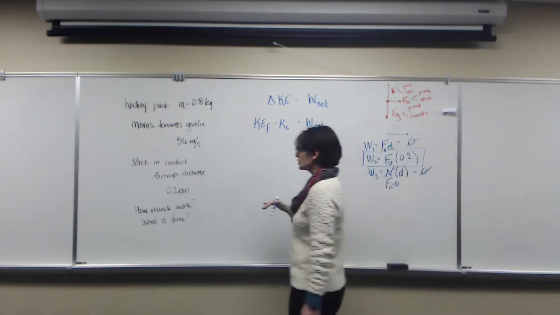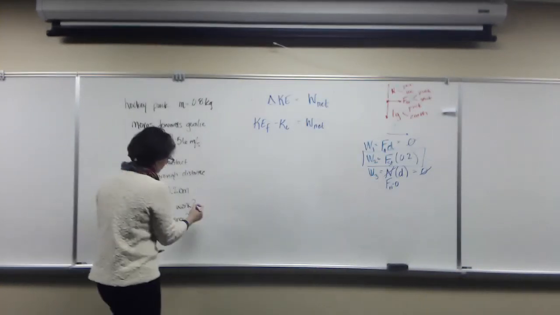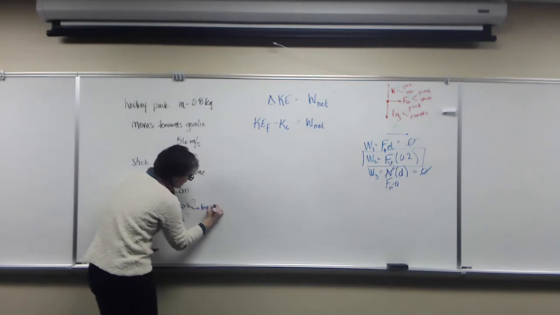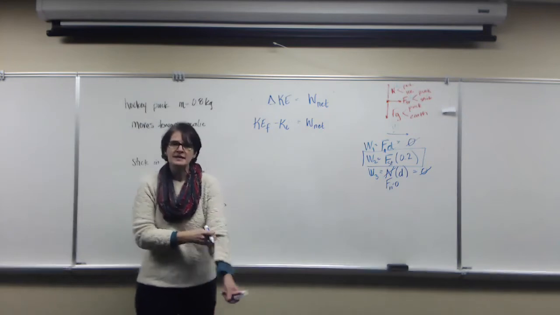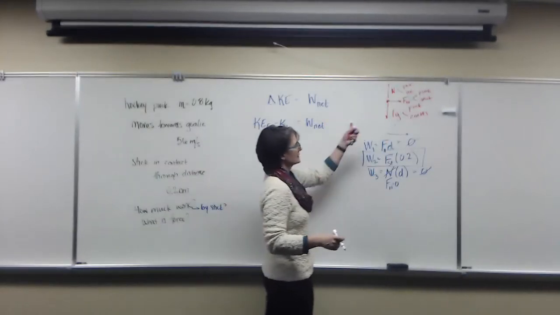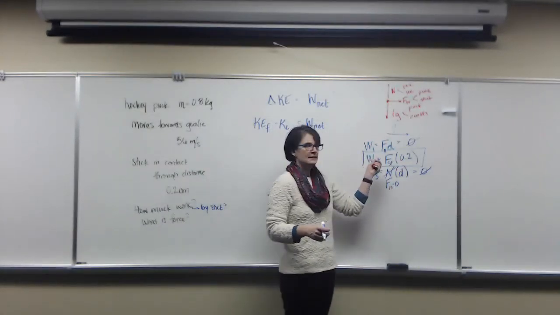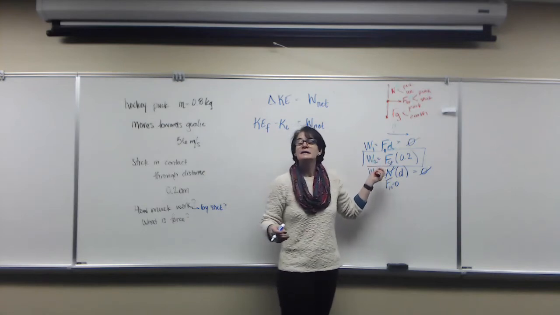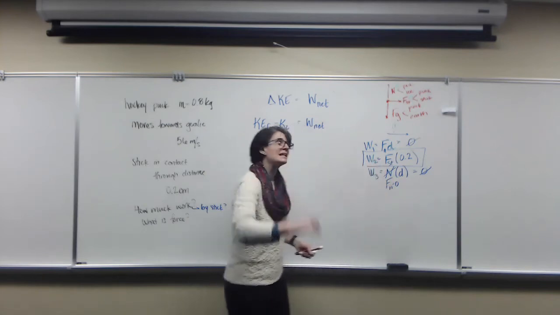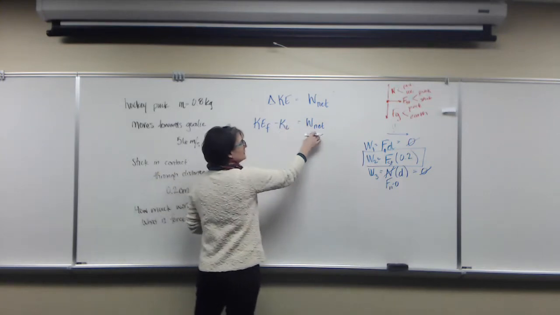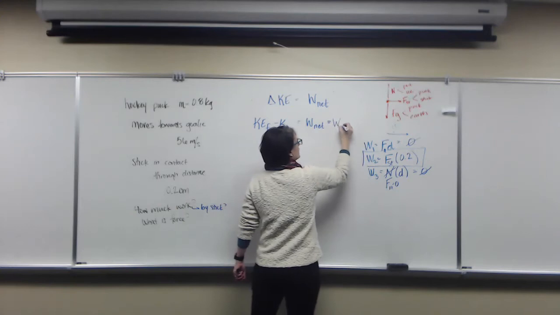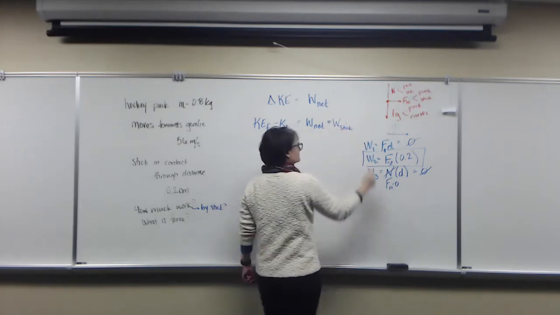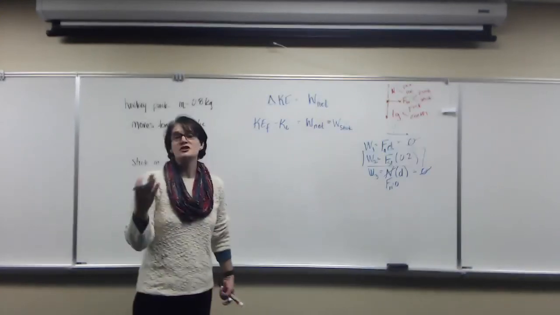So the question says how much work, I didn't finish the question here, was by the stick, right? By doing the free body diagram analysis and the work analysis, at this point we can say, well, the only work done is by the stick, which means that the net work is equal to the work done by the stick. So I can look at the change in kinetic energy.